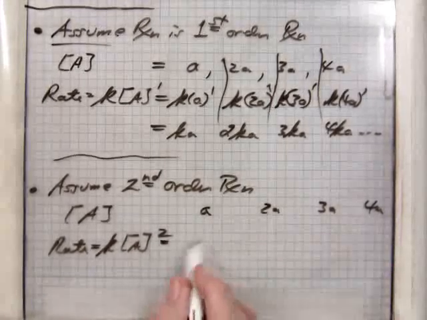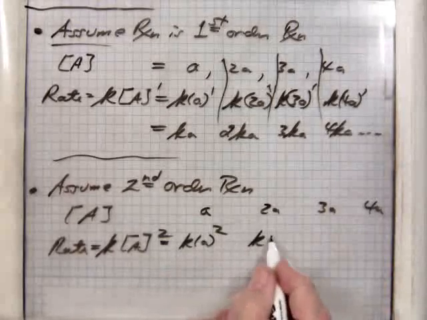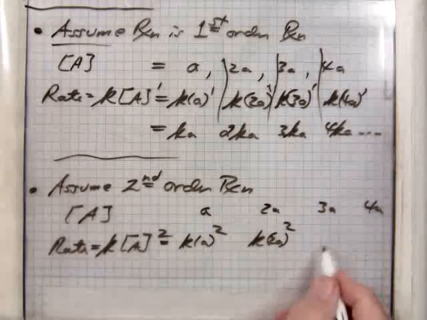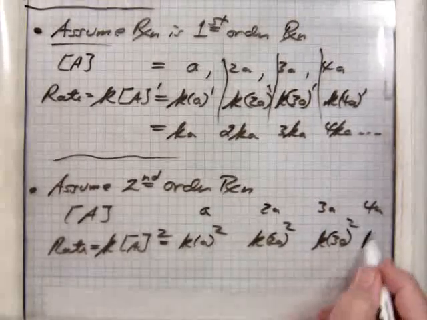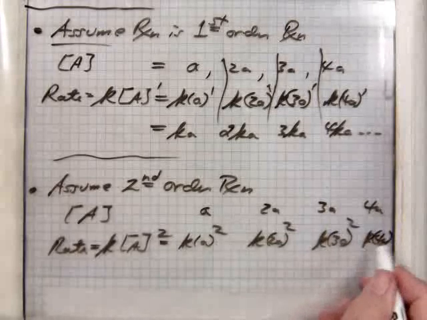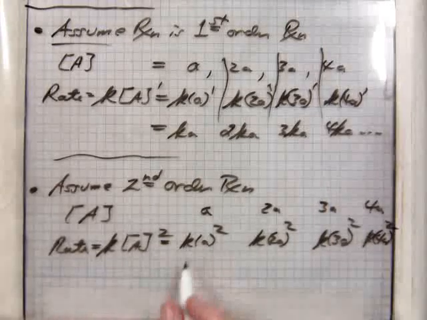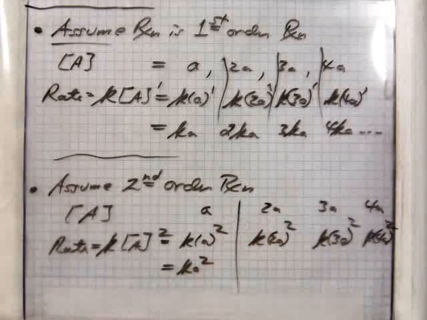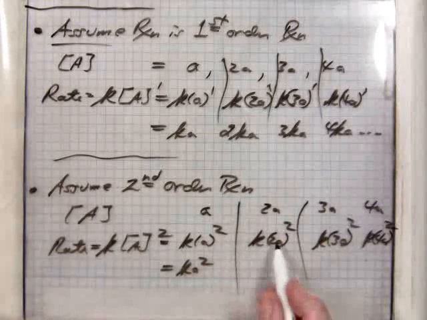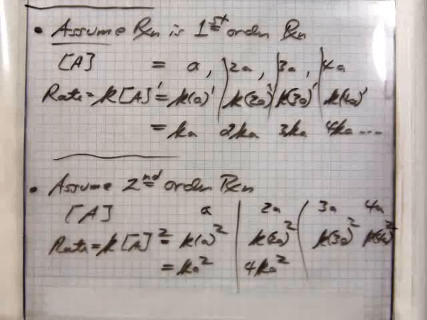So this will be kA squared, and then k(2A) squared, k triple the concentration squared, and k(4A) squared. And so this one would be kA squared, but when we double the concentration, what happens? It jumps up to 4kA squared, showing that exponential jump in the reaction trend.